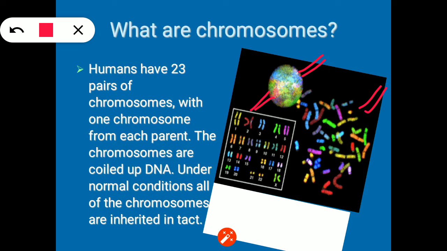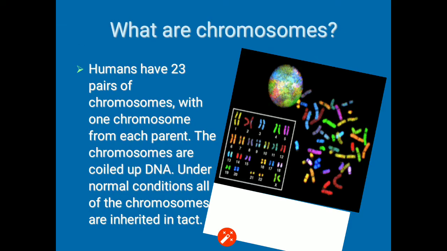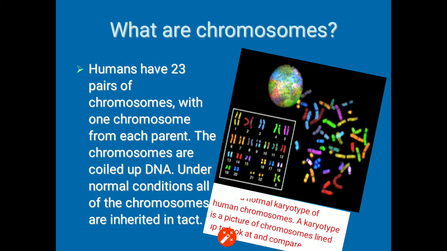By looking at the picture, we are able to find out if there is any chromosomal abnormality in the individual. The karyotyping we discussed earlier in the audio clip looks like this, which is shown in this particular figure. A karyotype is a picture of chromosomes lined up to look at and compare.